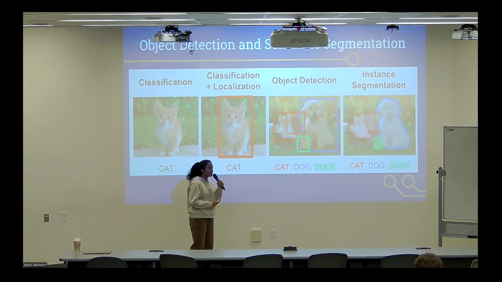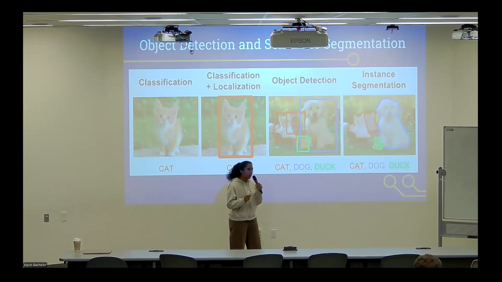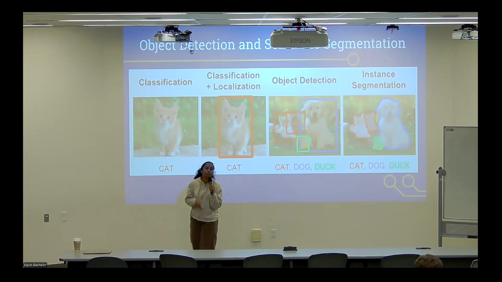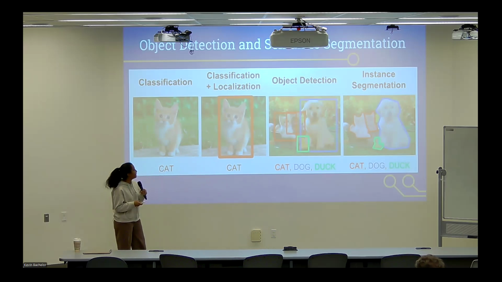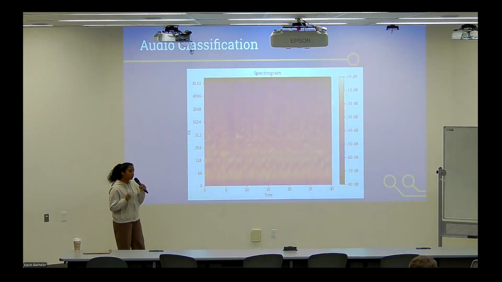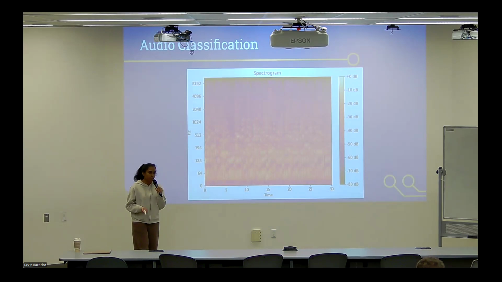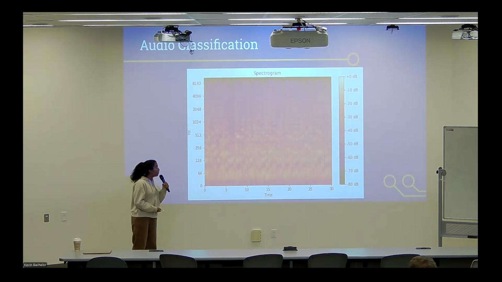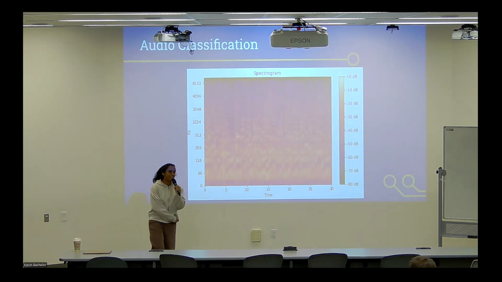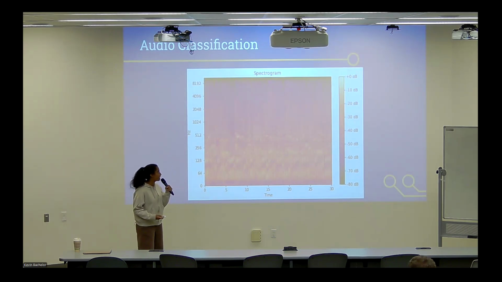It's also really good for segmenting different parts of an image. So if an image has a cat, a dog, and a duck, it can segment each different part. It could be like, okay, this part is a cat, this part is a dog, this part is something else. It's also surprisingly really good at audio classification. So it can take the different frequencies and classify, okay, what is this audio saying? What is it doing? Is this a dog's bark or something like that?